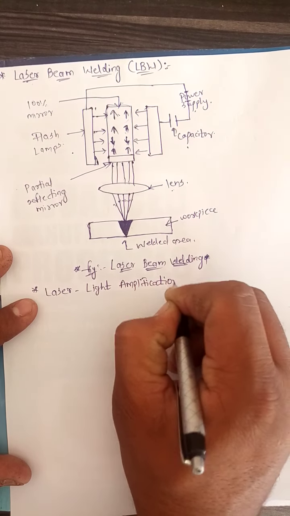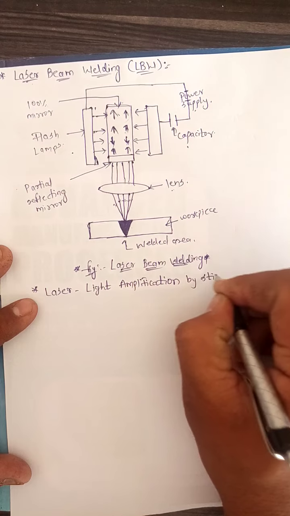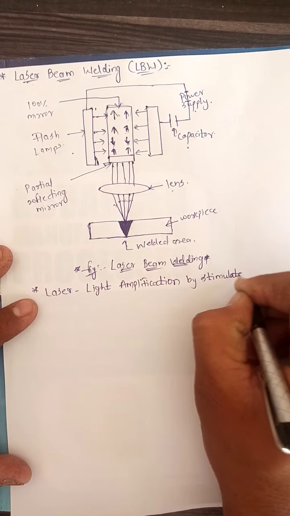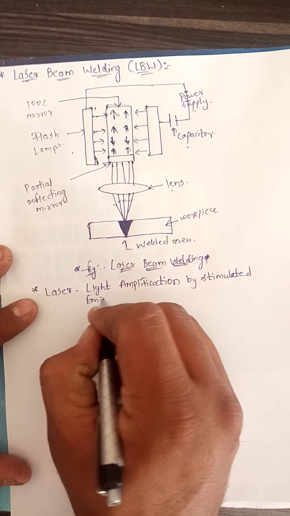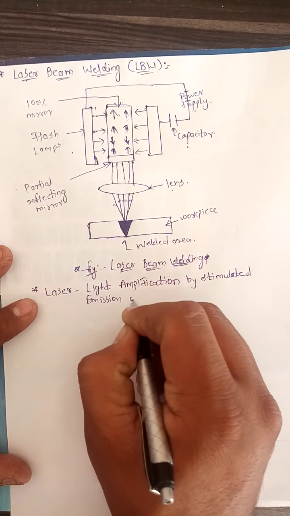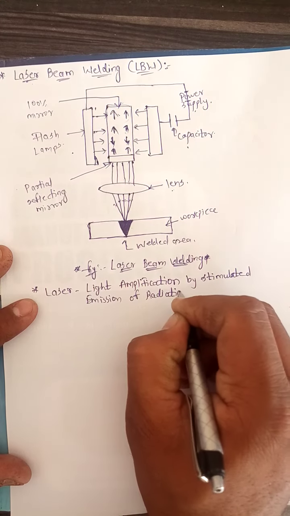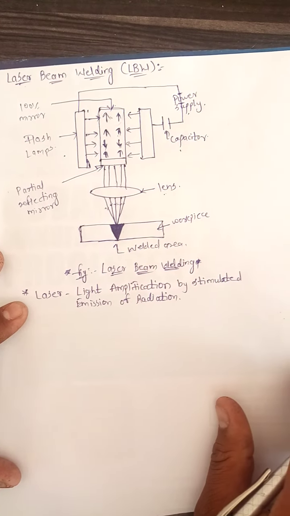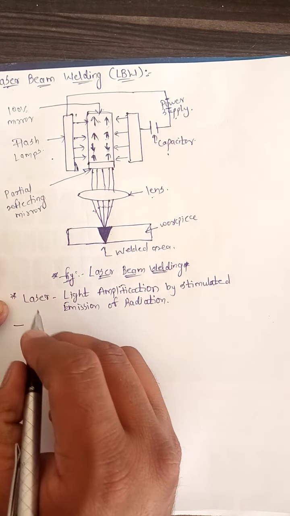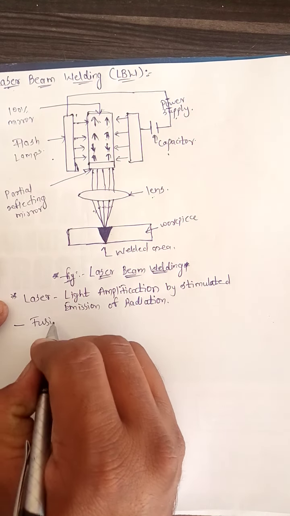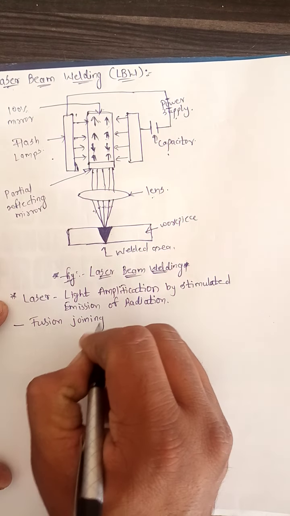The full form of laser is light amplification by stimulated emission of radiation. Now this type of welding is known as a fusion joining process.